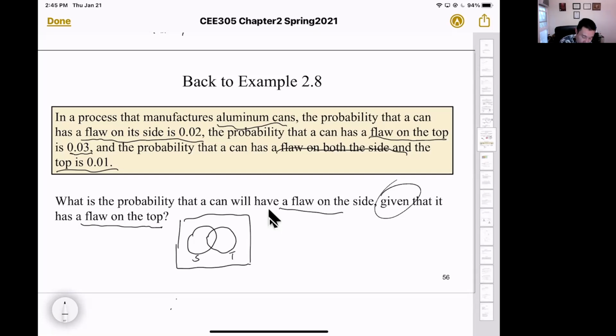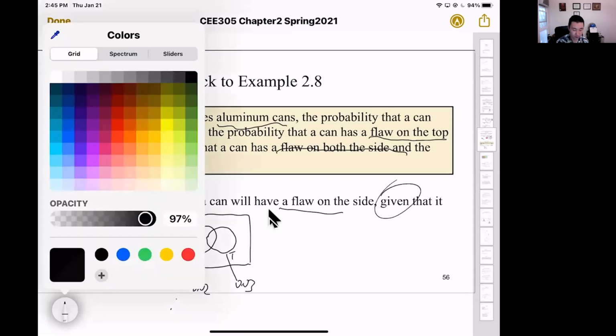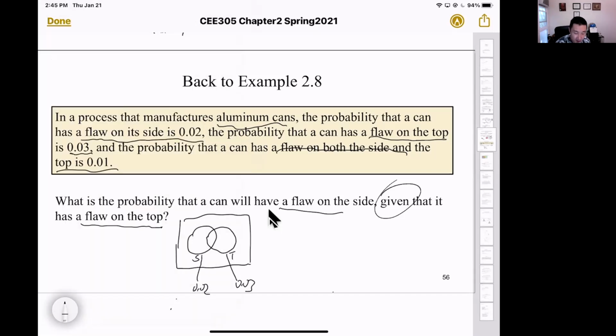The probability of a flaw on the top is 0.03, that whole circle. And the probability of a flaw on both side and top is 0.01. So this intersection is 0.01.